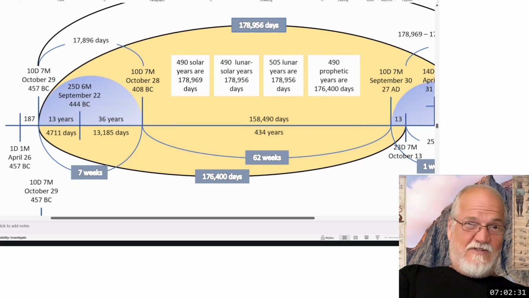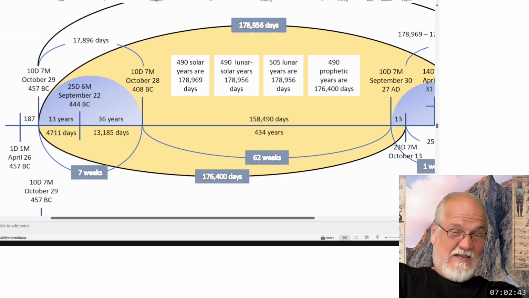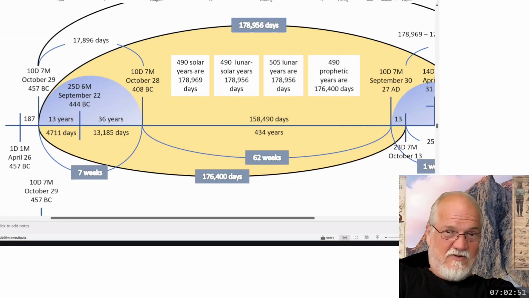Now, the difference there is 15 years between the lunar solar and the lunar, but they're the same number of days, right? So that's kind of interesting, that we have that number of years fits nicely into that structure.